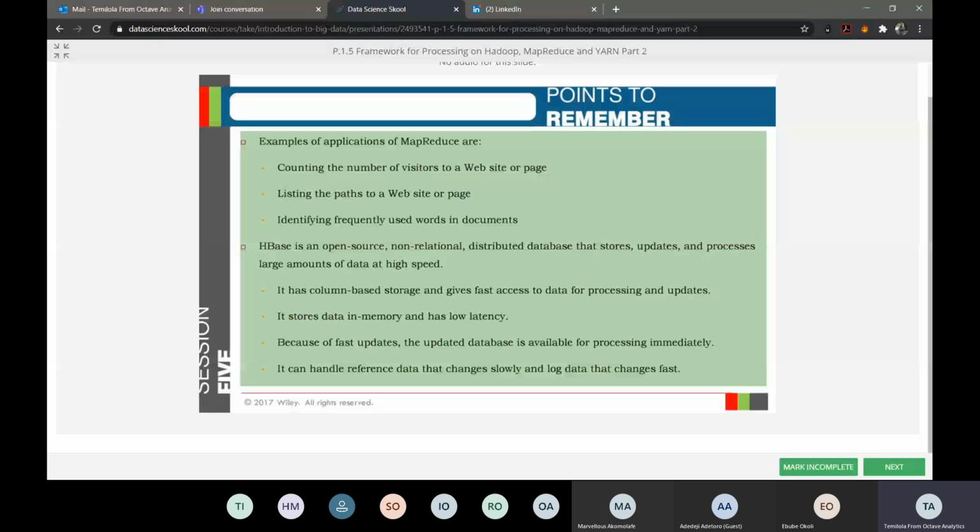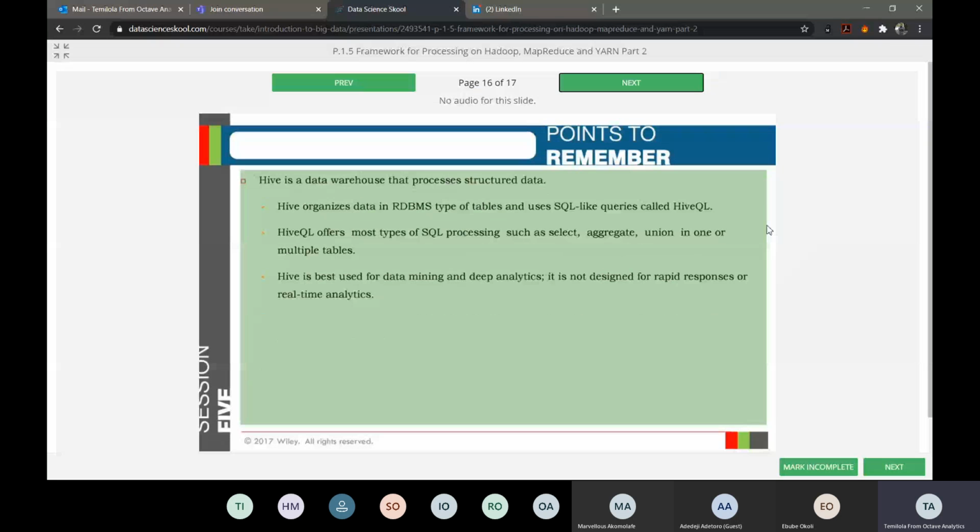Then we also talked about Hive. Hive is a data warehouse that we use in processing structured data, and we can run SQL-like queries because we have an implementation of Hive that we can use SQL to communicate with, which is your HiveQL. So it organizes data in your normal RDBMS format.